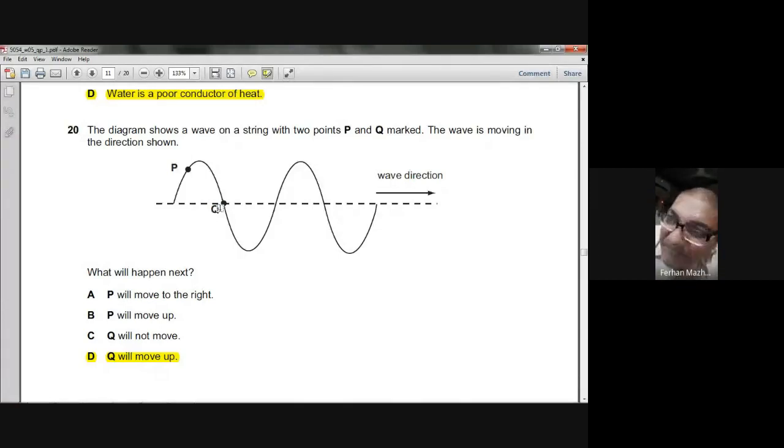So what will happen with Q? What is happening behind it? The wave is above the mean position, so this Q will move up. Do you understand this? It's a very important concept. Do you understand this?